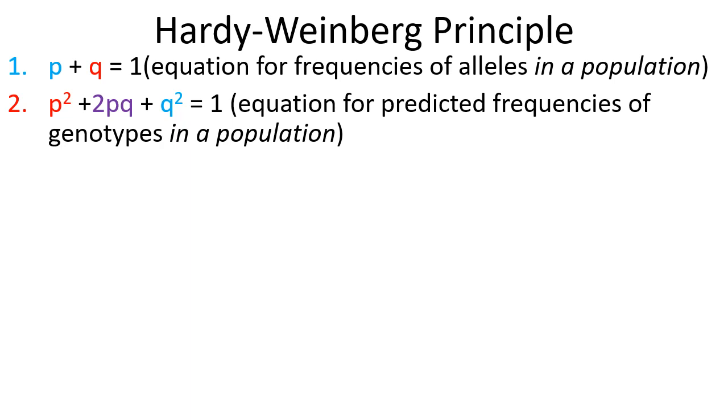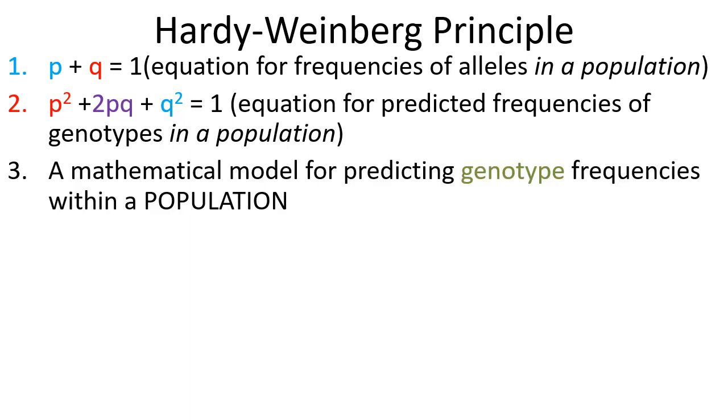The larger equation, p² + 2pq + q², is looking at the frequency of the different genotypes, because in a diploid organism, you're going to have two of each allele. So p² is the homozygous dominant, 2pq is the heterozygotes, and q² is the homozygous recessive.